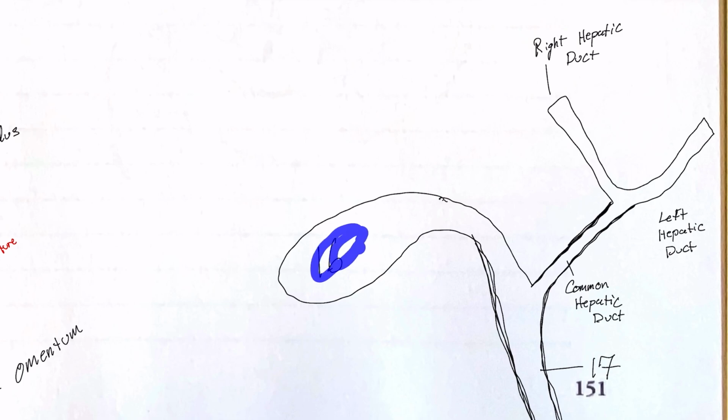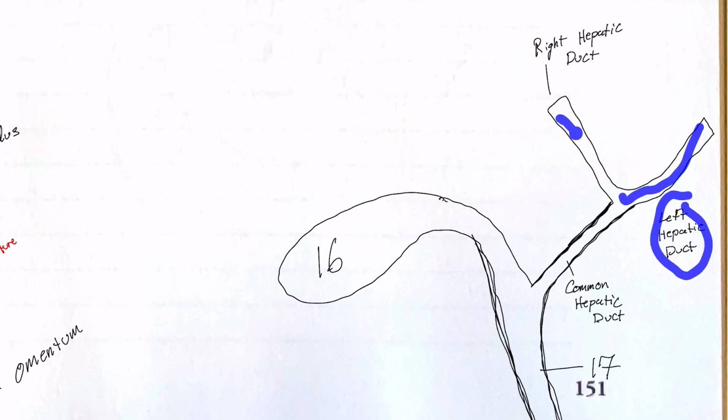So you've got bile sitting in here, and it's coming down. And this part right here is called your cystic duct. So that bile from the gallbladder goes through the cystic duct and then down 17, which is the common bile duct, into the duodenum. From your liver, though, you have the right hepatic and left hepatic ducts as well that shoot this bile down into it.